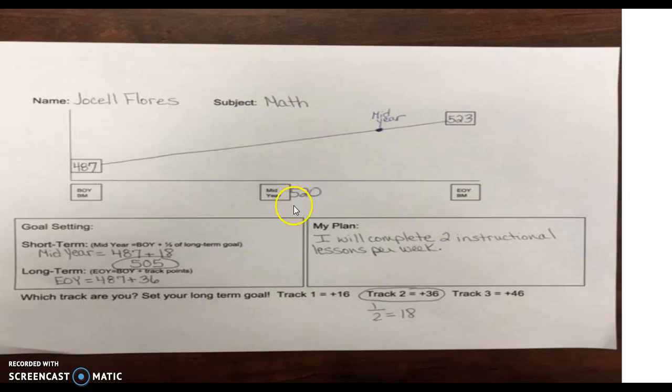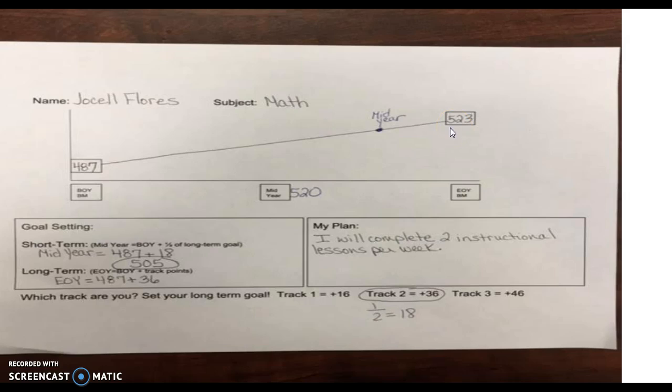So what Josel did was she just listed 520 here for her goal. Some of you might have already put that 505 in on your aim line. That's fine. That really doesn't make any difference if you've put it there or you haven't. But what Josel did do was she went ahead and put her mid-year point here at 520, close to 523.